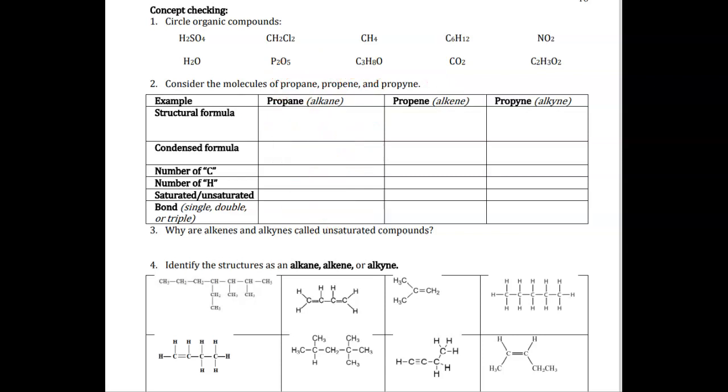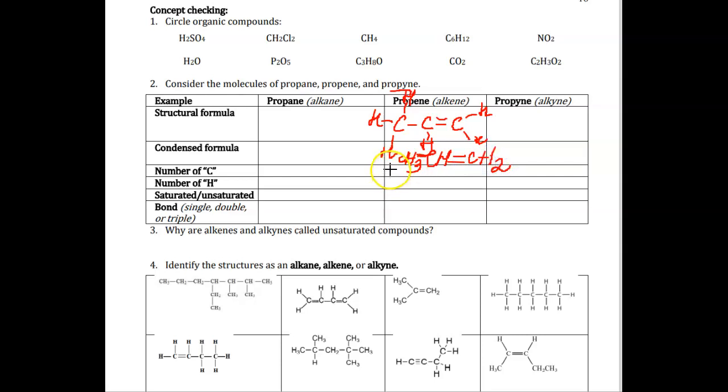Okay. The next one, propene. Propene's prefix is prop. Gives us 3 carbons, but it's an alkene, so it's unsaturated. That means that there should be one double bond between carbons. So yes, each carbon has 4 bonds. So H, H, H, H here, H and H. And the condensed formula will be CH3, CH, double bond here, and CH2.